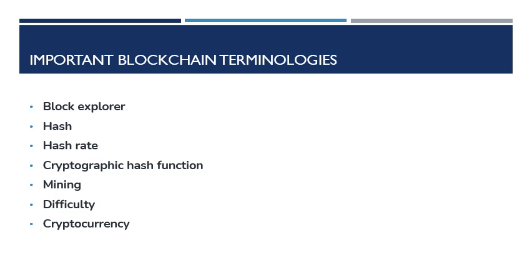Hardness with which a new block of transactions can be connected to the blockchain. Block reward. Reward that is given to the entity which connects the new block to the blockchain. In case of Bitcoin, miners get a reward of 12.5 Bitcoin for attaching new blocks to the blockchain.